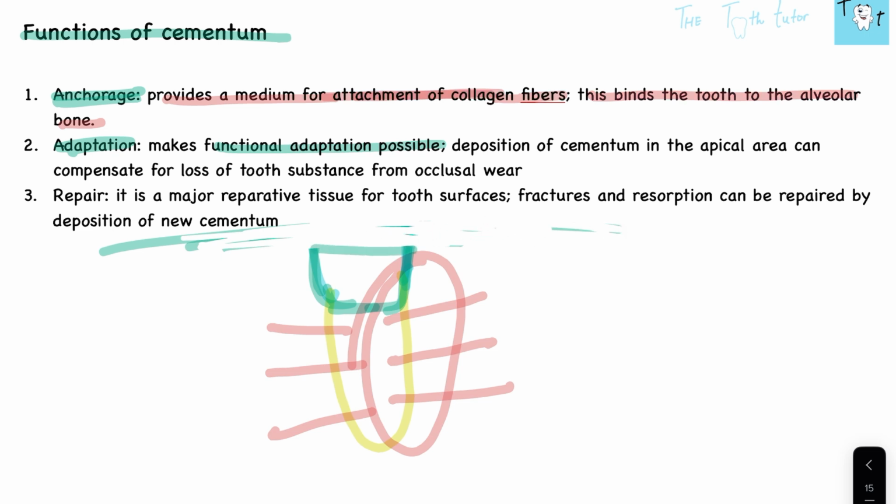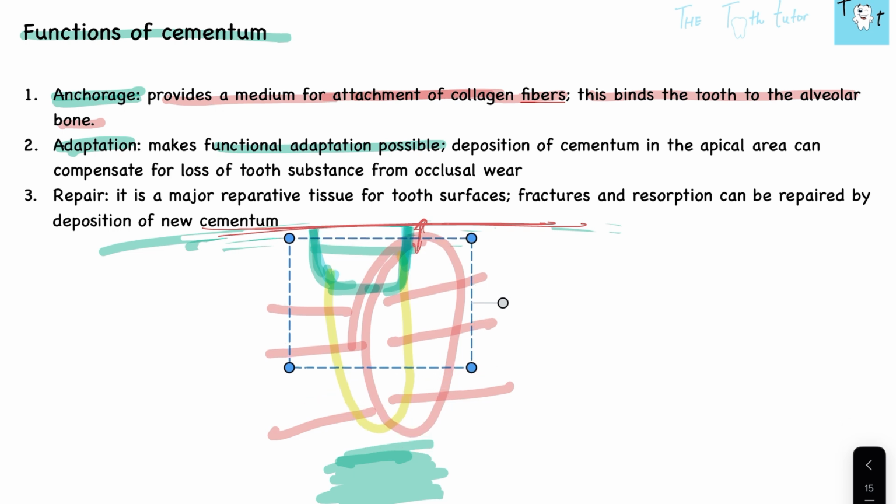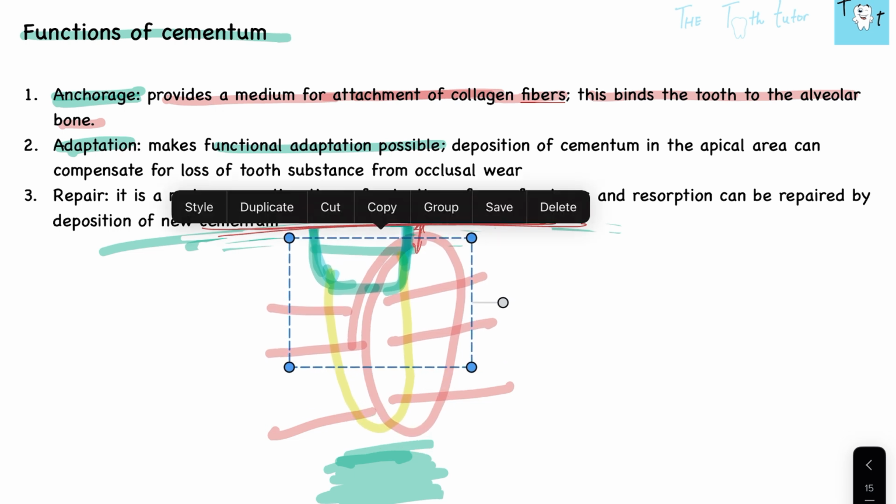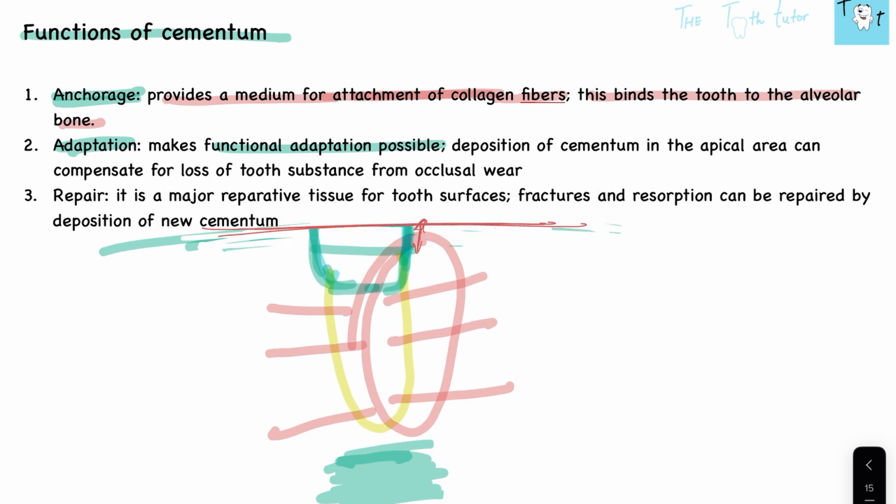If we had no cementum, our occlusal level would be this, like previously as it was made. But then there would be a gap between the occlusal level and the tooth. So what cementum does is get deposited at the bottom of the tooth. Over here there would be a lot of cementum deposition, and this would push the tooth upwards. So it would bring it to the occlusal level. That is called adaptation.